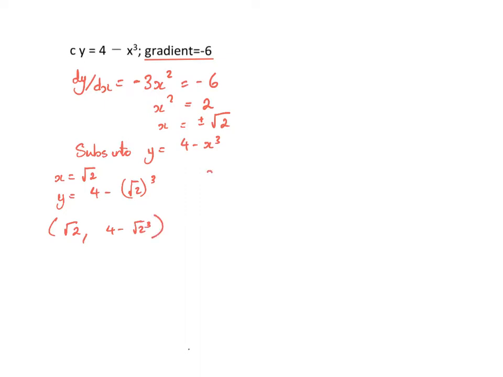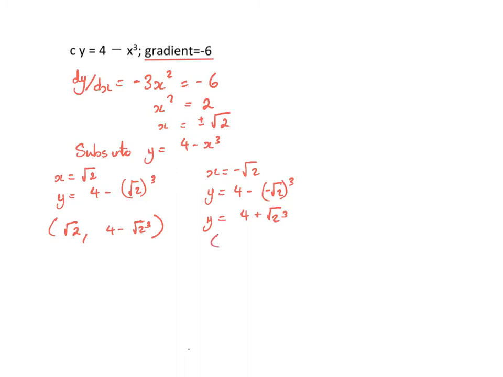Your second coordinate happens when x is equal to minus root 2. So again, you get y is equal to 4 minus, now it's negative root 2 cubed. And we know that when you cube a negative, you end up with a negative. So really, y is equal to 4 plus root 2 cubed, if you like, because a negative and a negative is going to make a positive.